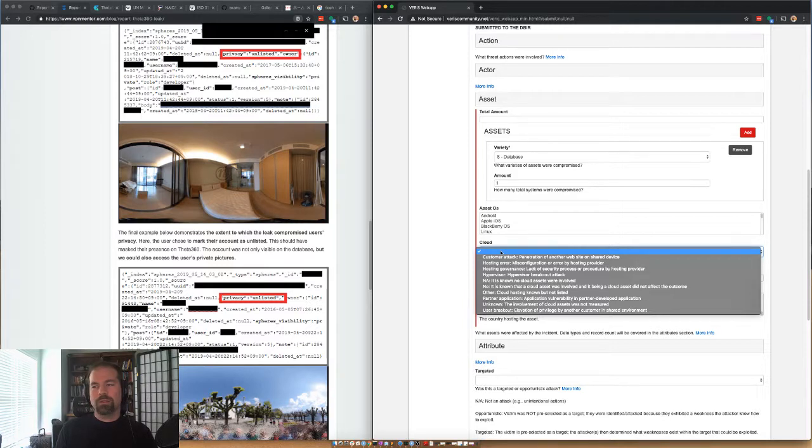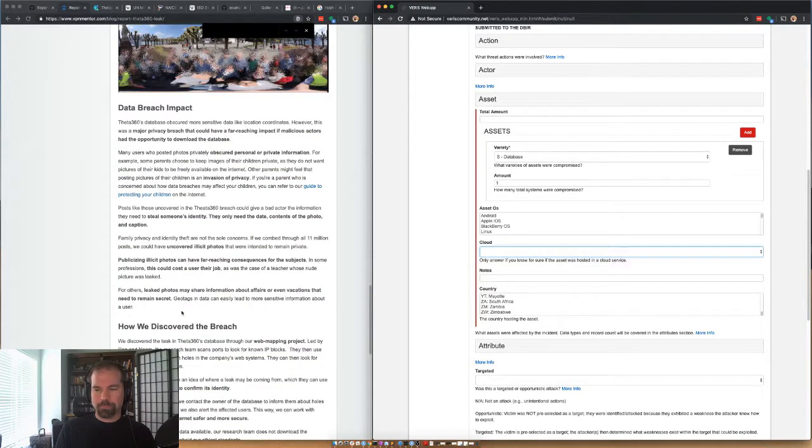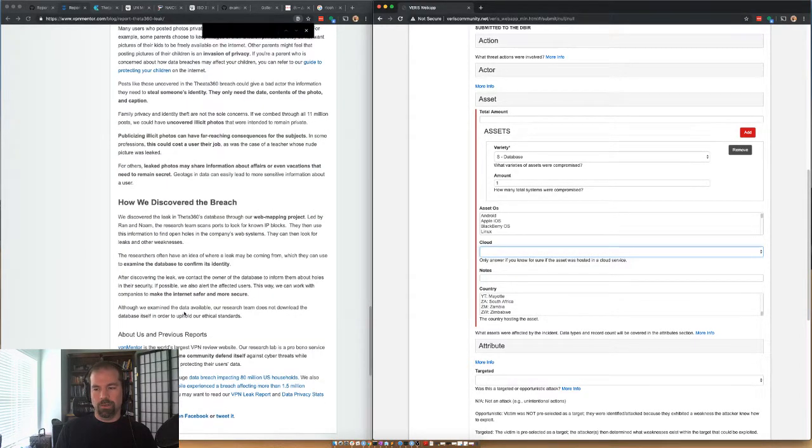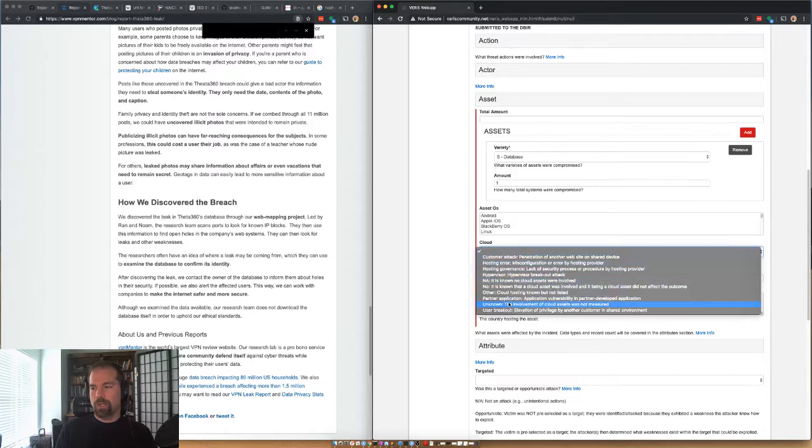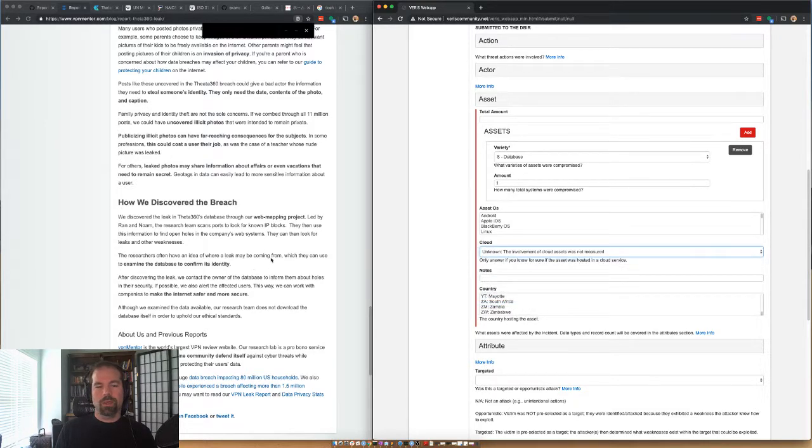Cloud. And this is another thing. Do we really know whether this was a cloud server or hosted in their own environment? Being a NoSQL server, it could really be either. And so I don't know that we know whether this was a cloud asset or not. It would take more detail to be able to figure that out.